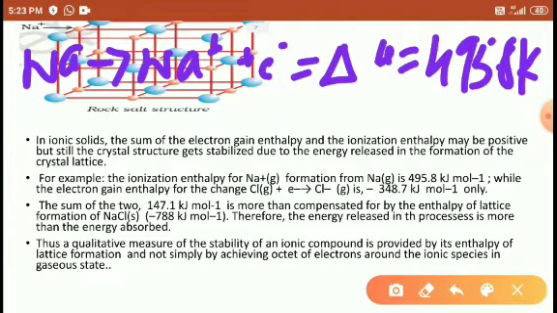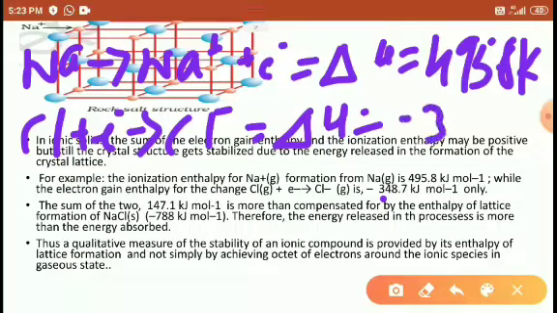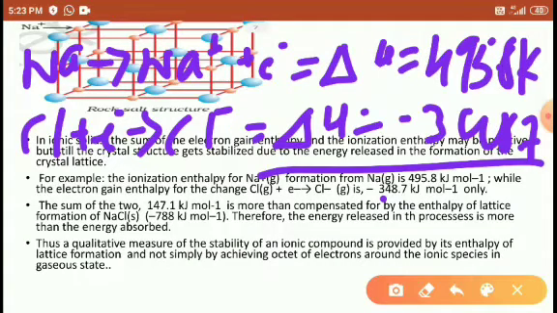And chlorine, Cl, accepts an electron to form Cl minus, with electron gain enthalpy of minus 348.7 kilojoule. Right. When we add these, we get the answer 147.1 kilojoule per mole.